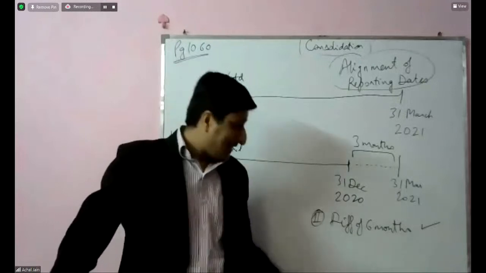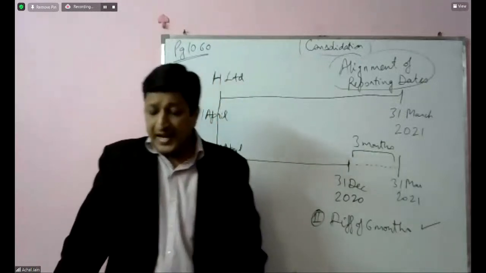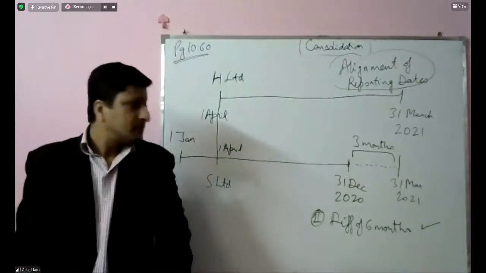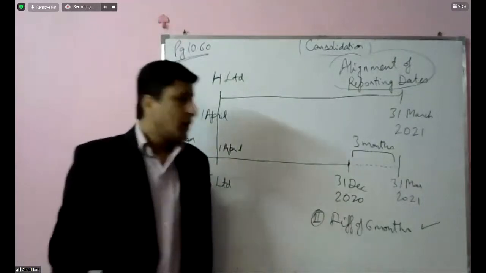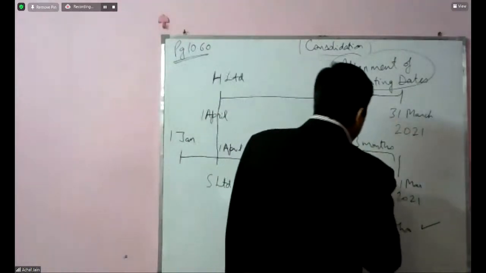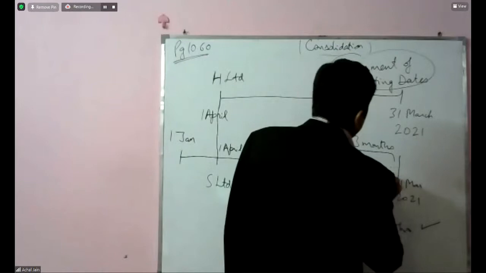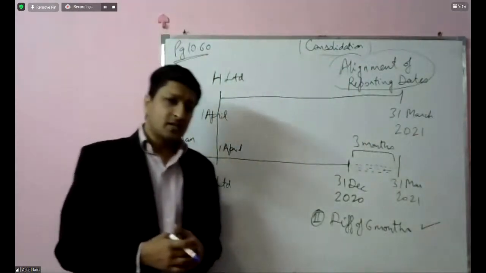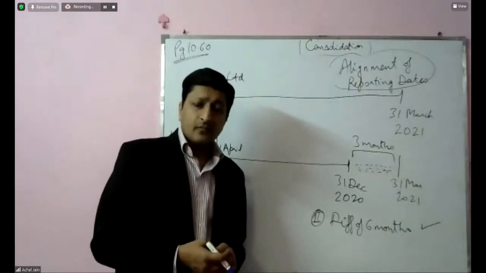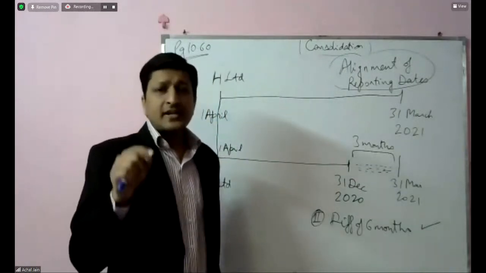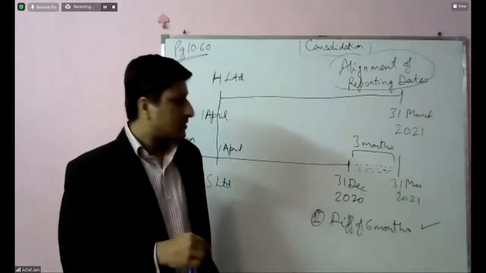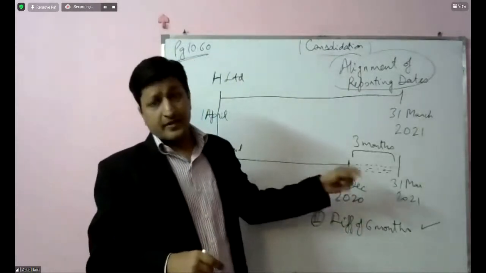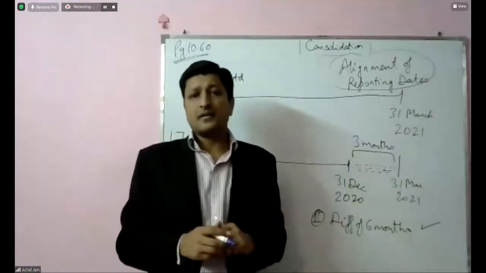But in this second scenario, the standard says that if during this period, which is the period of difference in the reporting dates, any significant transactions have taken place. We are talking about the subsidiary because we are looking at the books of the subsidiary.